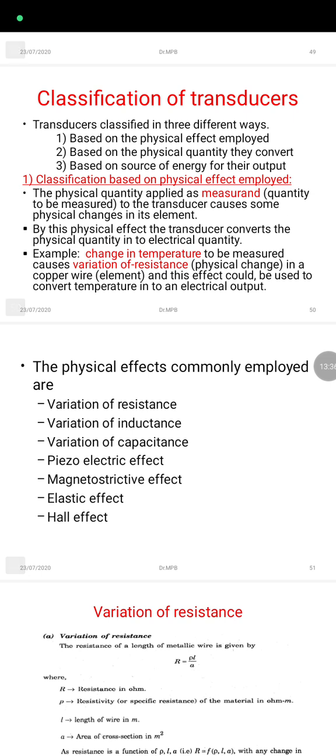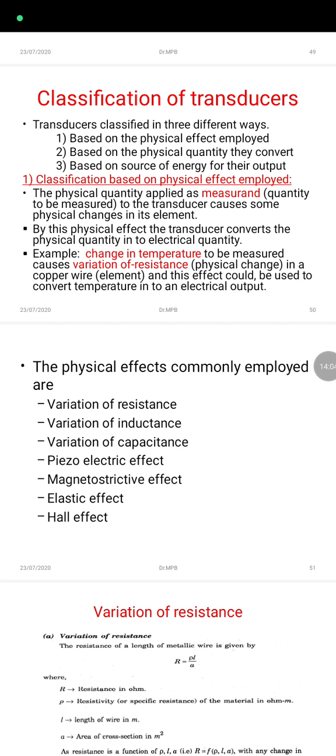Classification of transducers. Transducers are classified in 3 different ways: based on the physical effect employed, based on the physical quantity they convert, and based on the source of energy for their output. Based on physical effect employed means that under this category the physical quantity applied as the measurand to the transducer causes some physical change in its element.